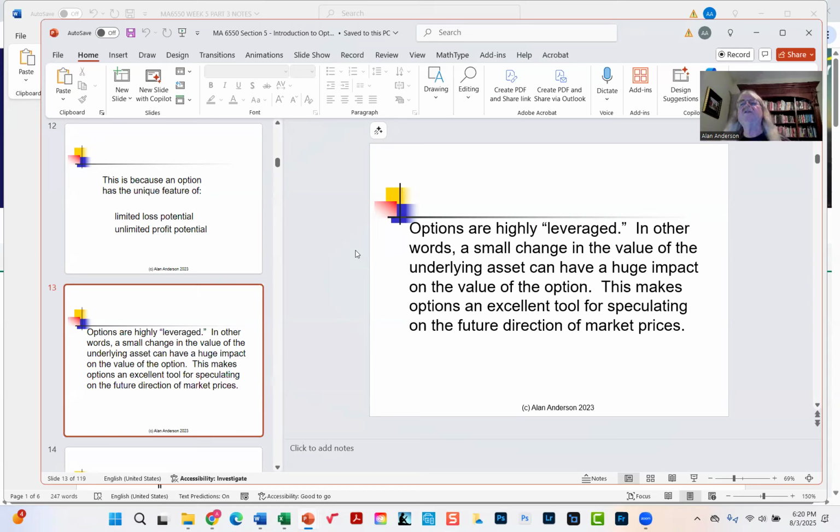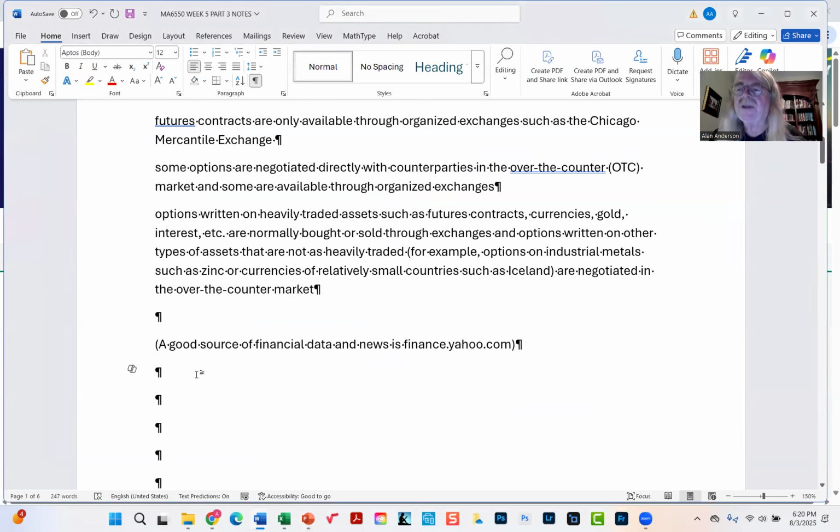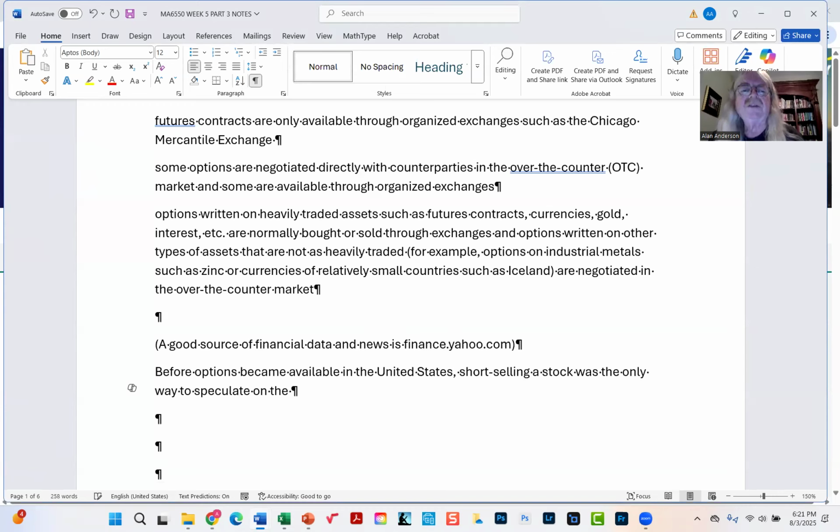And I think I mentioned this earlier, the discussion we had about short selling a stock. Short selling a stock is a major nuisance, but until options came along, the only way you could speculate on stock prices going down would be to short sell. So before options became available in the United States, short selling a stock was the only way to speculate on the price dropping.